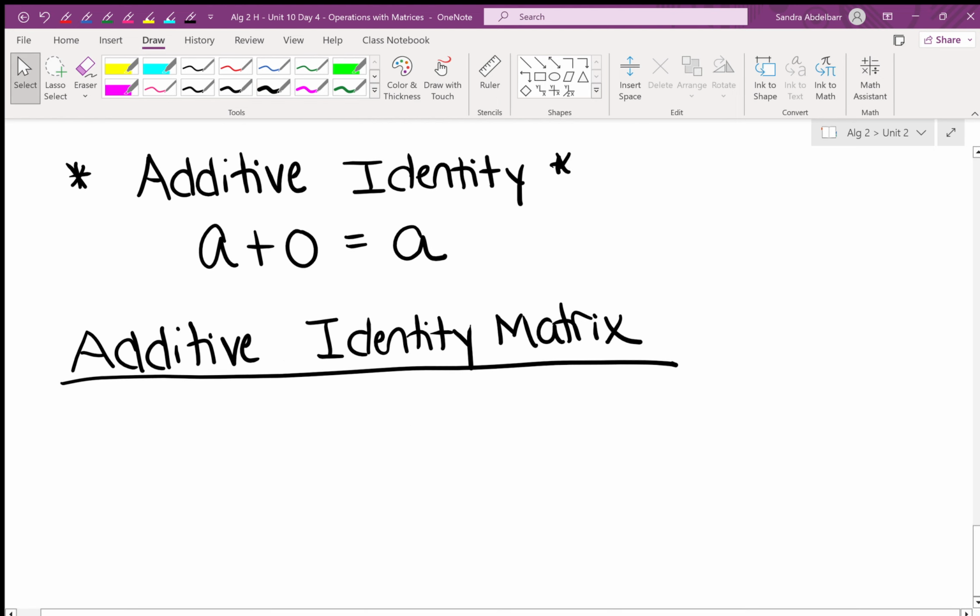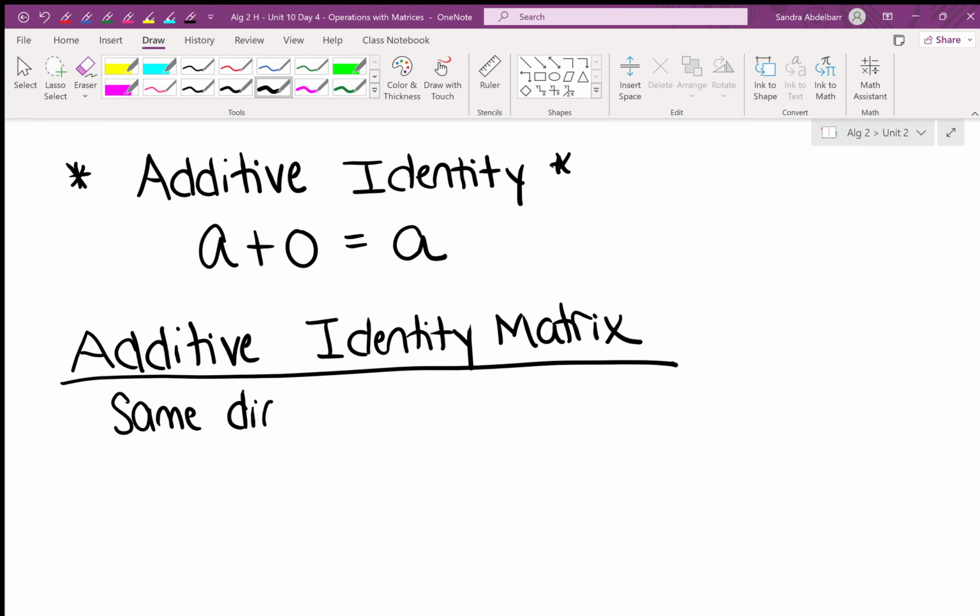What do you think the additive identity matrix is going to be? Yeah, the zero matrix. Good. It's basically going to be the same dimensions, and all elements are 0.